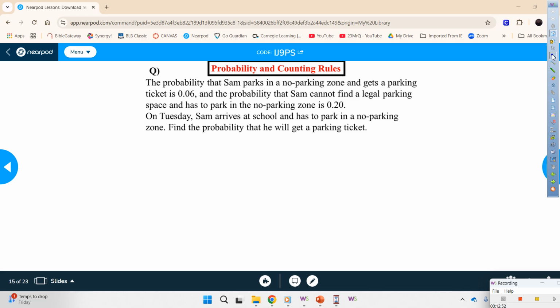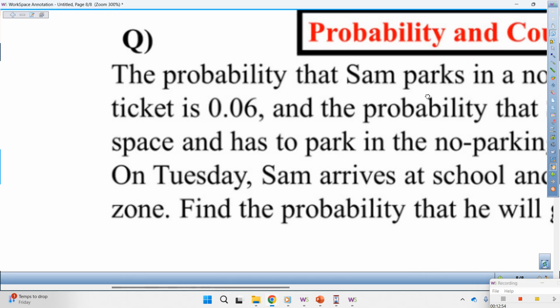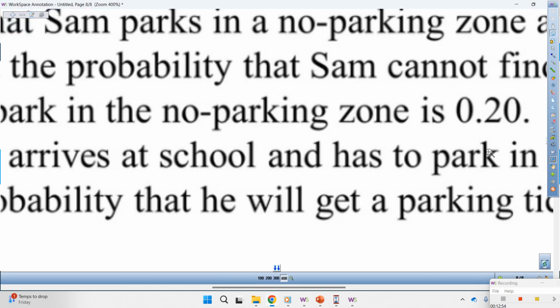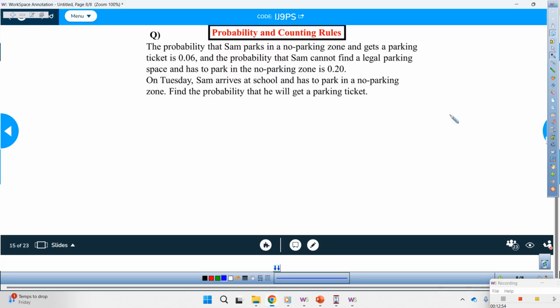All right, here we go. Let me zoom out. All right. So, to get started, let's set up our formula first.